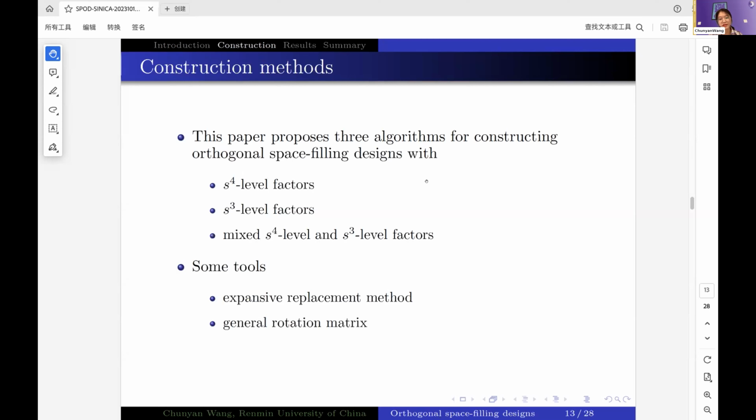This paper proposes 3 algorithms for constructing orthogonal space filling designs with 3 types of factors. And the tools are the expansive replacement method and the generalized rotation matrix method. These two methods are very classical in the design of experiments, but we use them in different situations and in a different way, so we can get some new results.